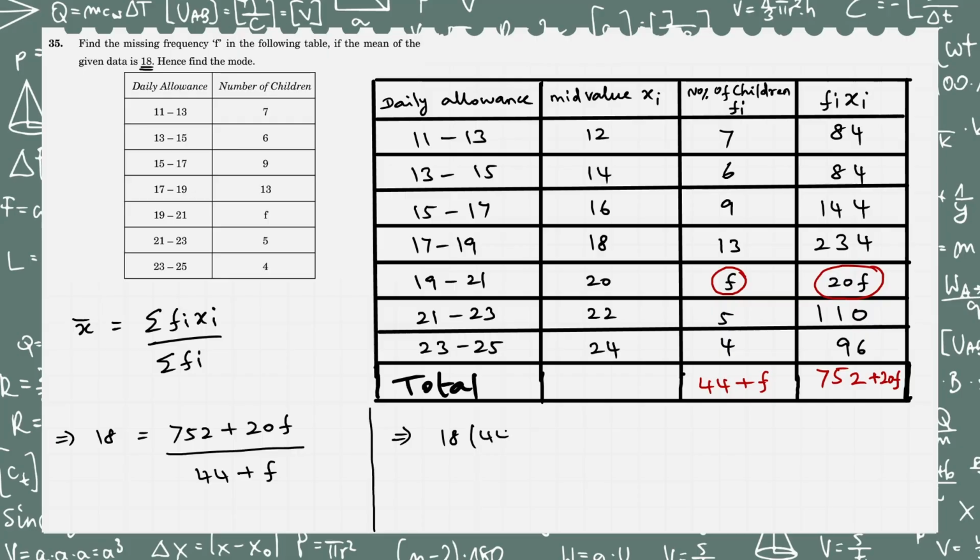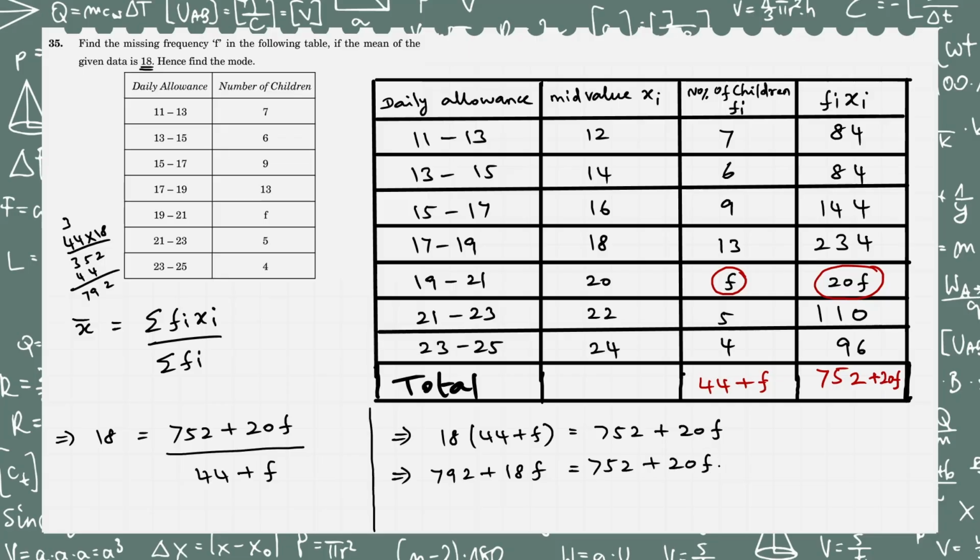18 into (44 plus f) equal to 752 plus 20f. That implies 792 plus 18f equal to 752 plus 20f. I am going to take this 18f to the other side and 752 to the left side.